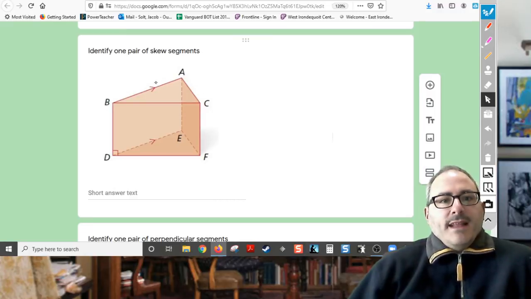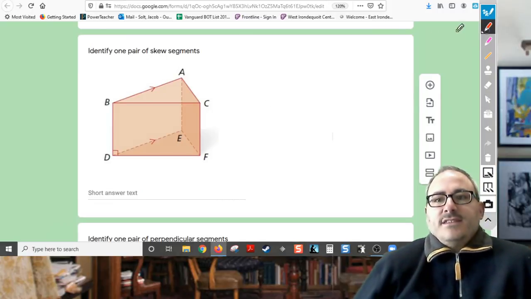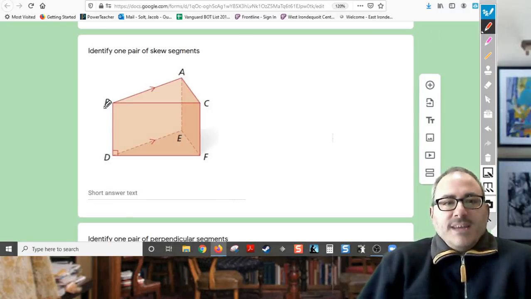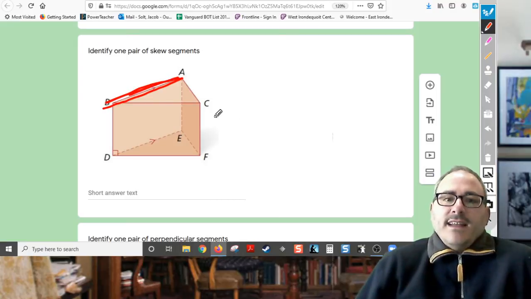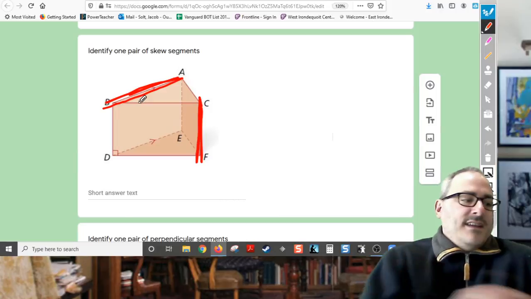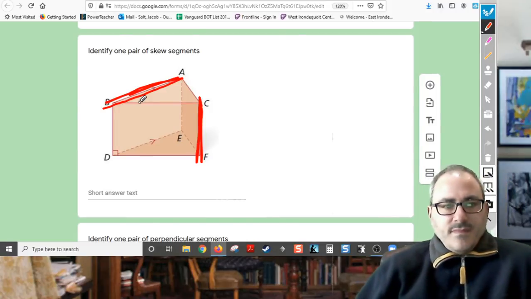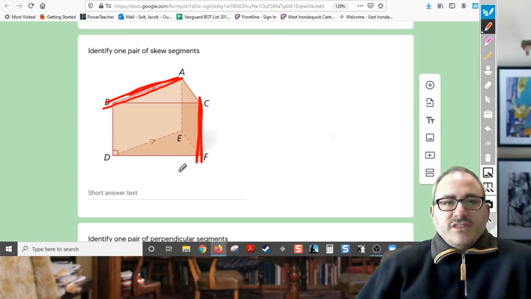All right. Identify one pair of skew segments. So I need two lines that are never going to touch because they're not on the same plane. So let me go with segment AB here, and then segment CF, right? They're not even on the same plane, therefore they're never going to touch. So they're skew segments.